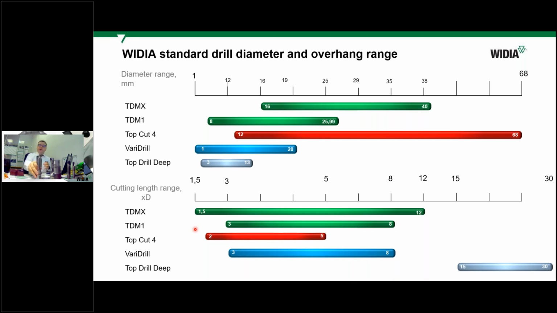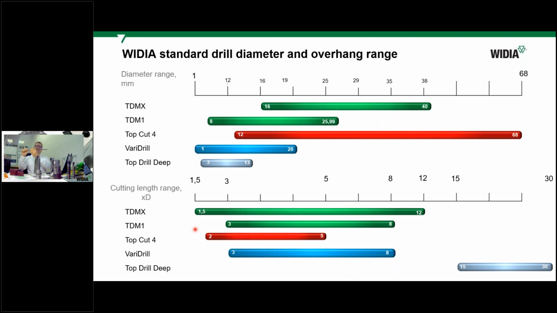Why? A solid carbide drill can be produced easily and used in deep hole drilling easily, because it's carbide, it's very rigid, and it has two margins, or in such long variants, four margins.